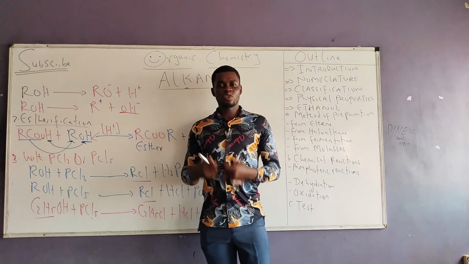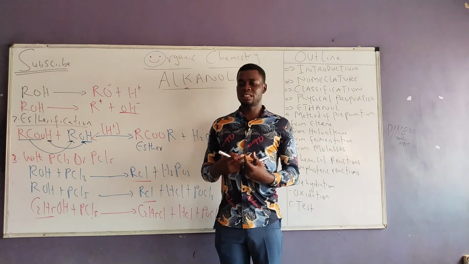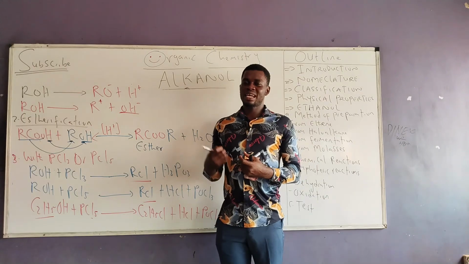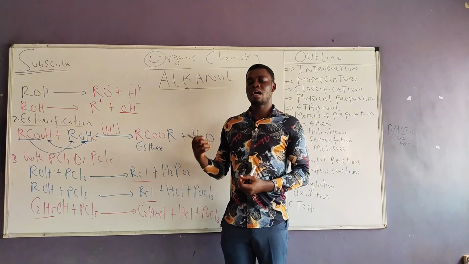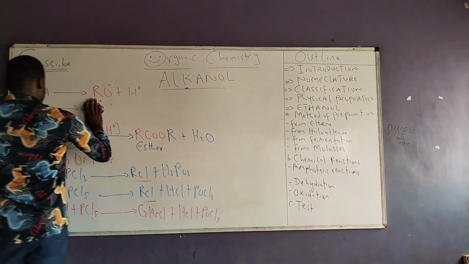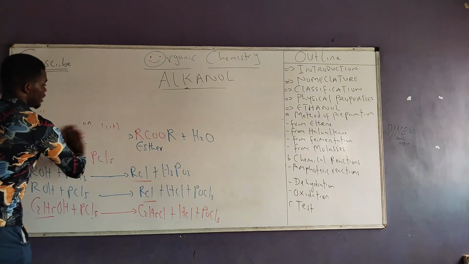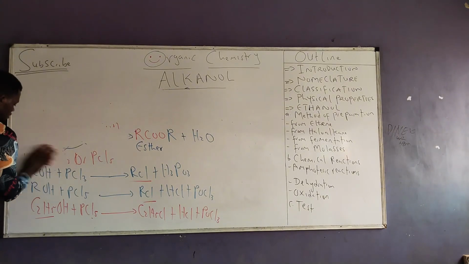So these are typical amphoteric reactions of alkanols. So we said that they are not strong enough to be considered as acids, neither are they strong enough to be considered as base, but under certain conditions they can display some acidic characters and some basic characters. The next reaction we'll talk about for alkanols is the dehydration reaction.